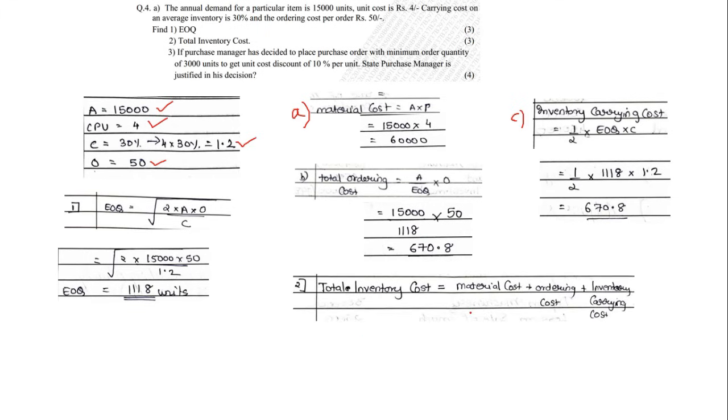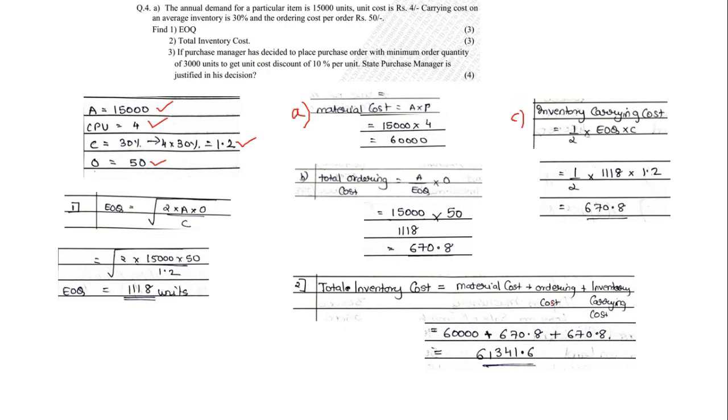The total inventory cost is nothing but material cost plus ordering cost plus inventory carrying cost. 60,000 plus 670.8 plus 670.8, we get the total value as 61,341.6 rupees. This is how we had to solve the second part, total inventory cost. This was similar to the first sum that we did. Here there are no changes, but the third one is something new.